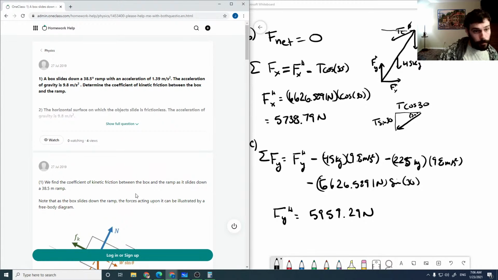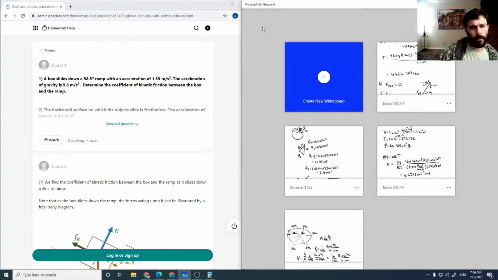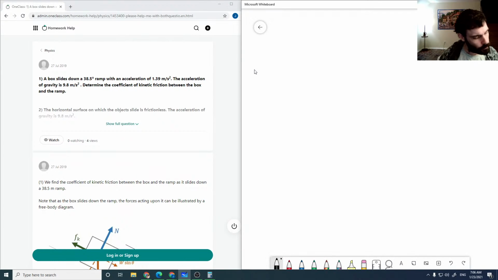Okay, so now we've got a box sliding down a 38.5 degree ramp. Okay, so there's our 38.5 degrees.